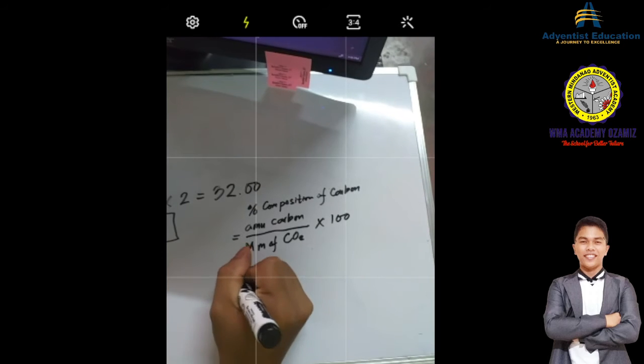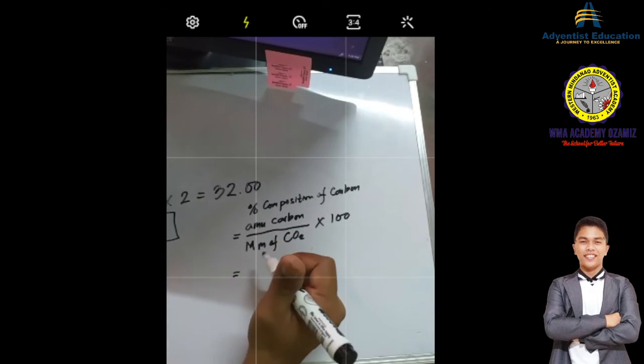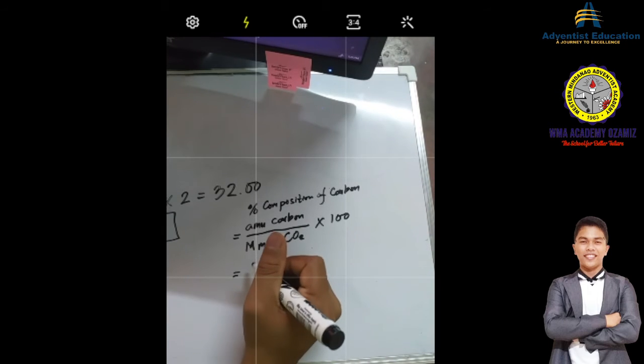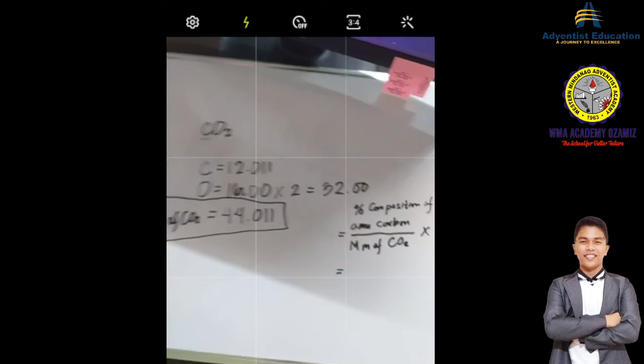Now we are going to substitute. What is the total mass of carbon? Our mass of carbon is 12, because in carbon dioxide there is only one carbon.